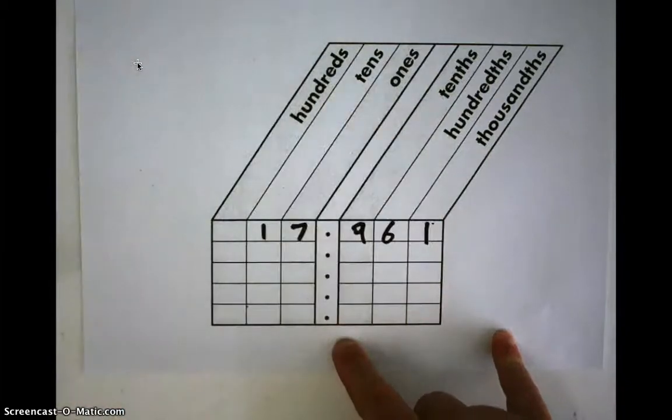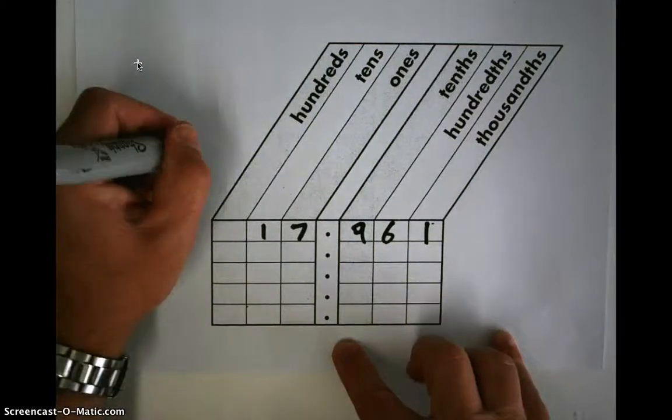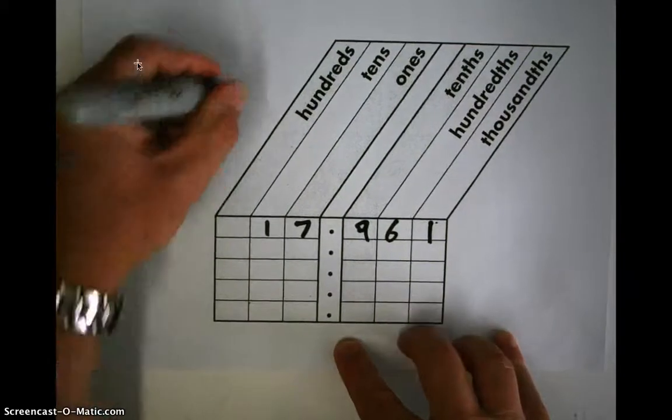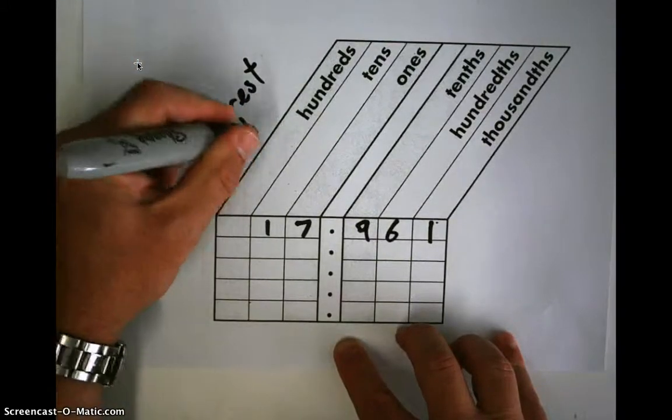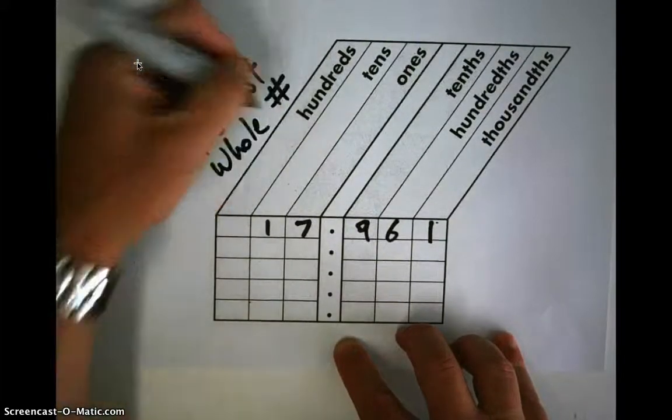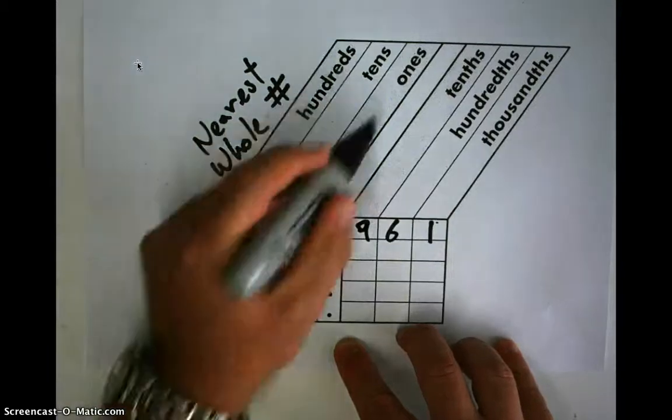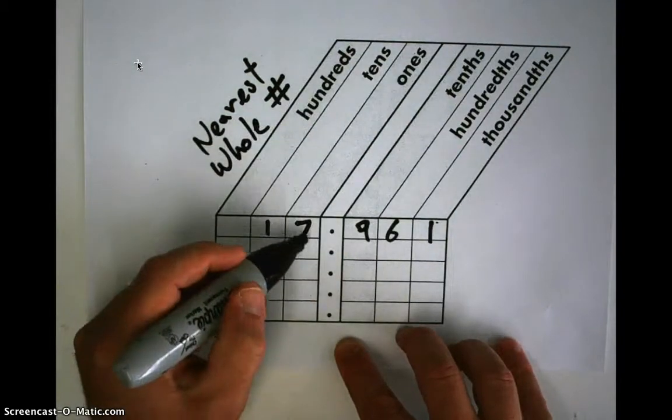A lot of times what you'll hear is round to the nearest whole number. And what do they mean by that? They mean the ones place. The nearest whole number.